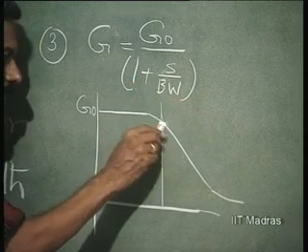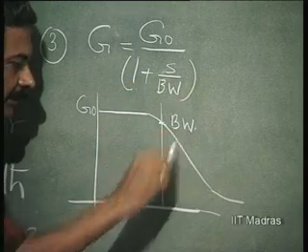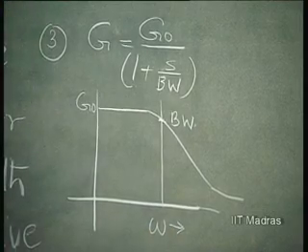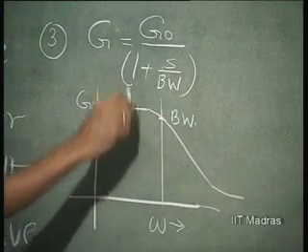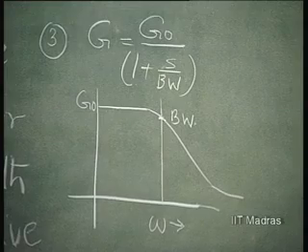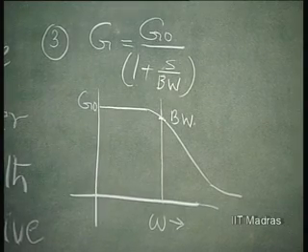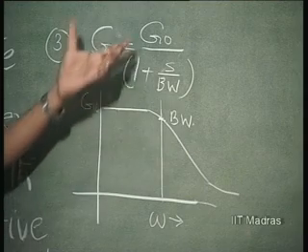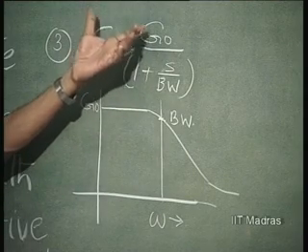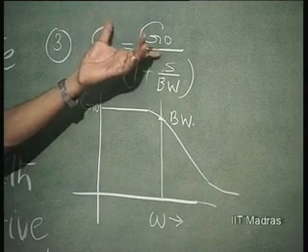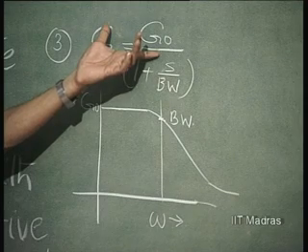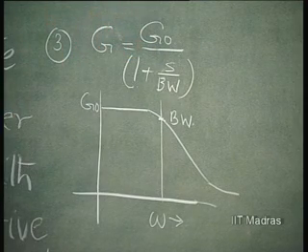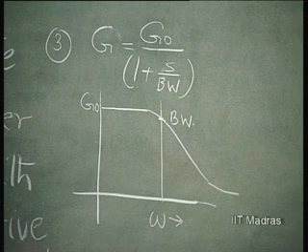So, here this is nothing but the bandwidth, and it falls to 1 over root 2 times G naught. So, this aspect we had considered when we discussed about amplifiers. This could be anything, gain, trans resistance, trans impedance, voltage gain or current gain, it does not matter. Then what do we do? We give feedback.